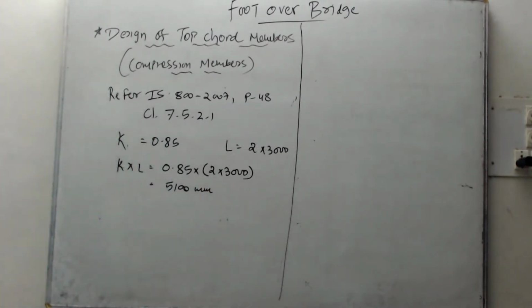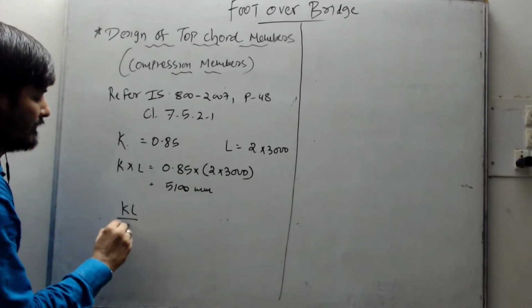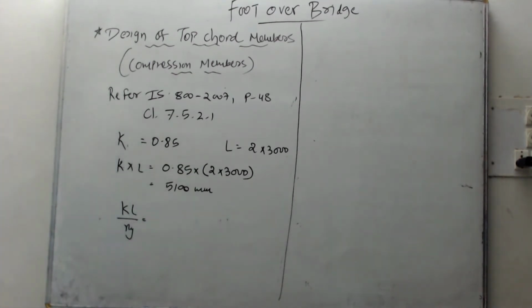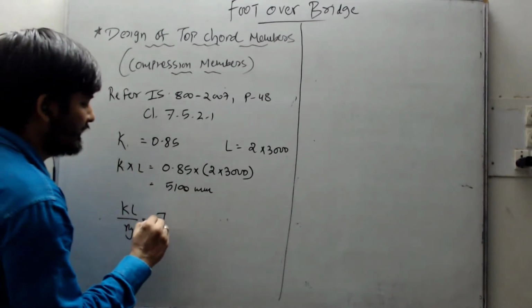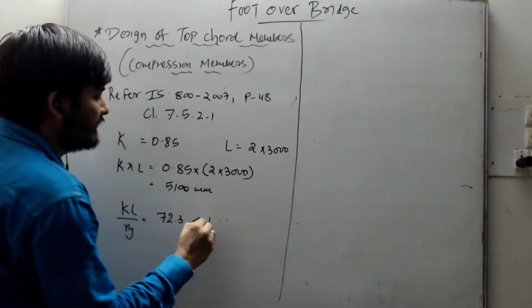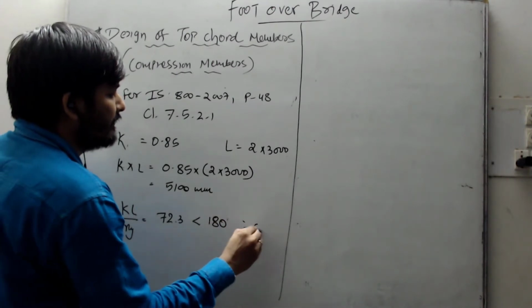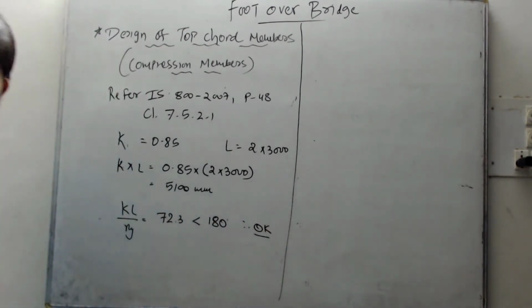Then find out the ratio of KL upon ry. You'll get your KL upon ry ratio as 72.3, which is less than 180. Therefore this slenderness ratio is said to be okay.